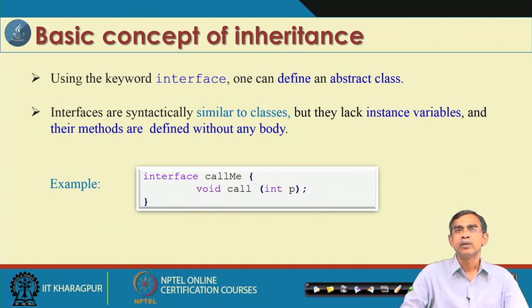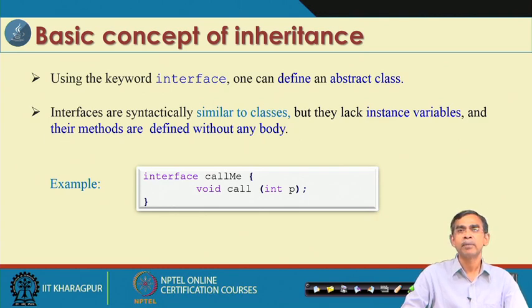You can see we have declared an interface, and the name of the interface is call me. The interface keyword is followed by the name of the interface, and as in the declaration of a class, within the curly brackets it contains one method, void call int p, and then a semicolon. After the method declaration there is immediately a semicolon.